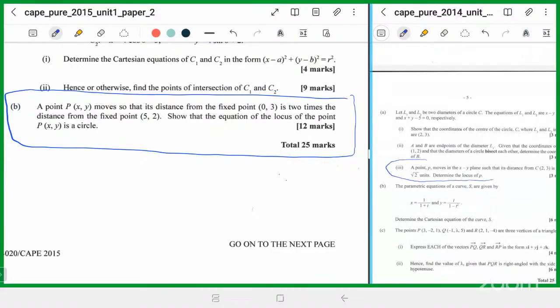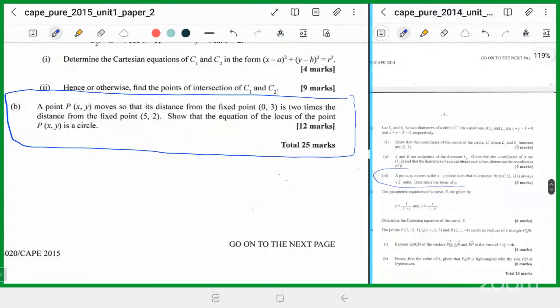Let me try it. I don't think there's any on 2013, but let me check still. We'll do this one first on the screen, the 2015 one.